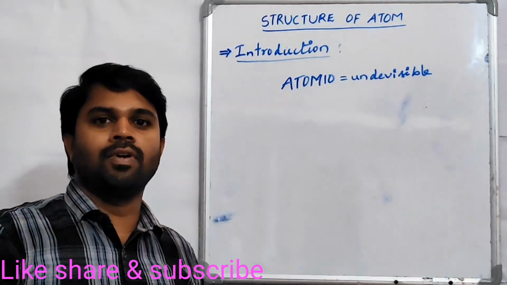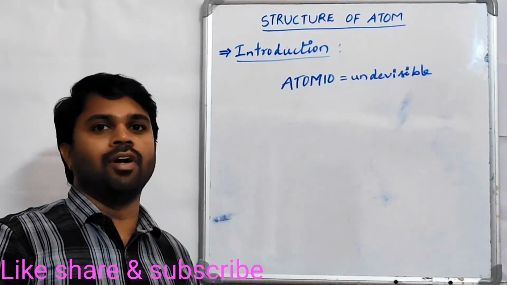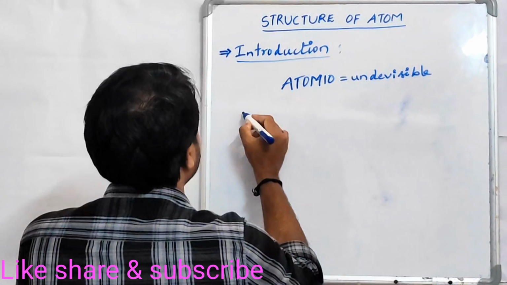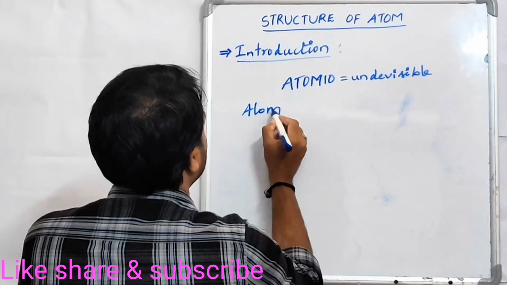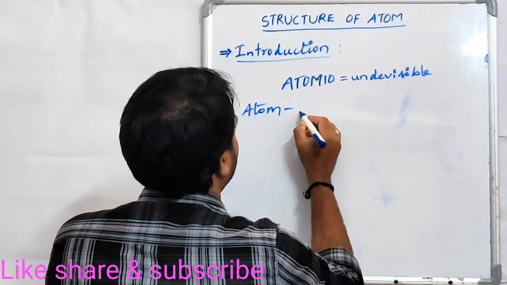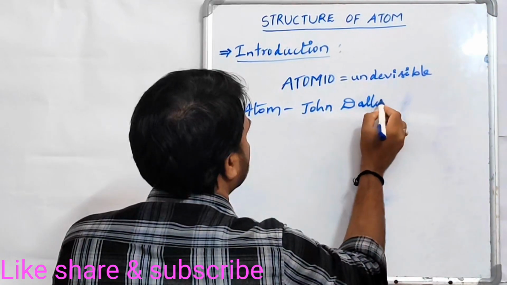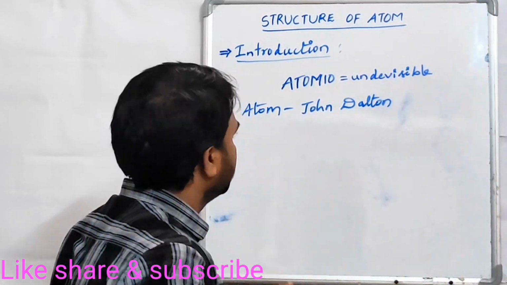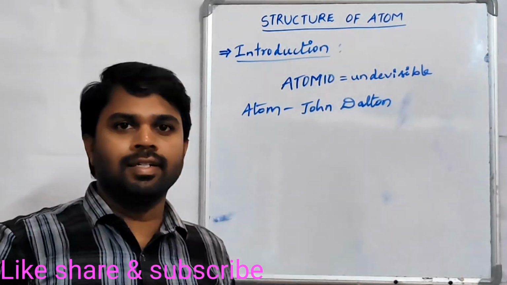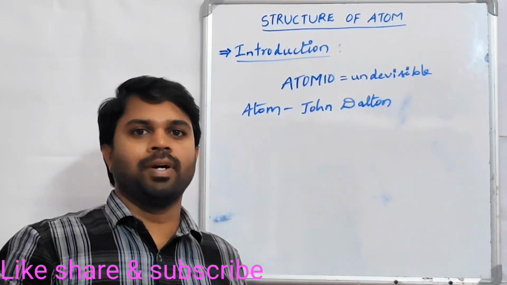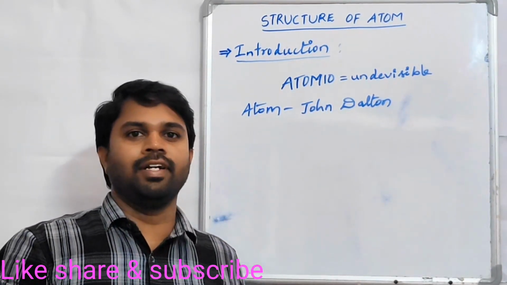The term atom was proposed by John Dalton. The first theory was also given by John Dalton. According to Dalton, atom is the smallest particle. We can't further divide it.